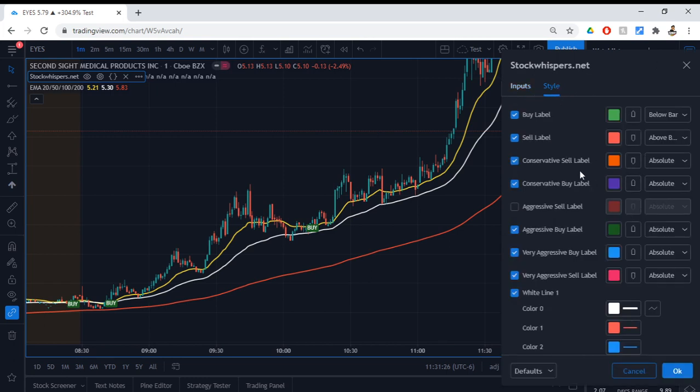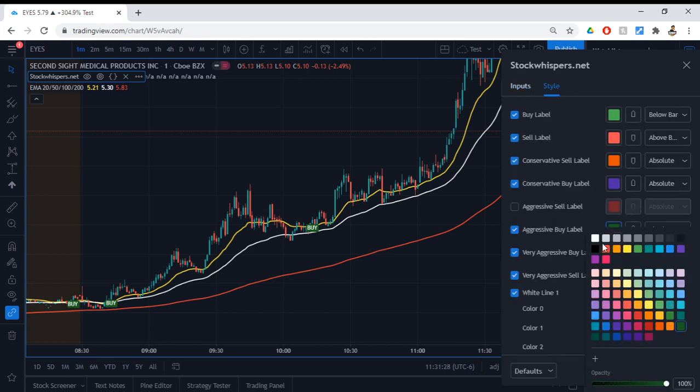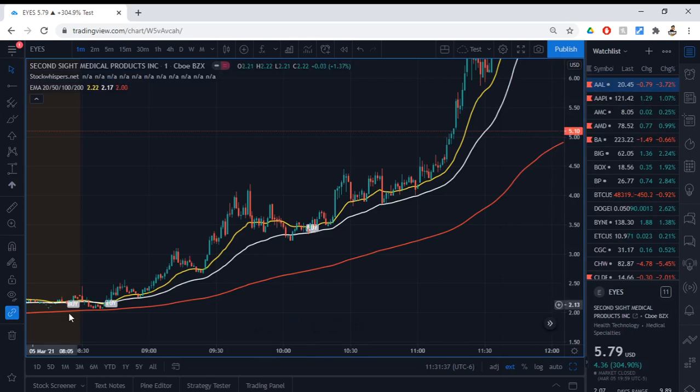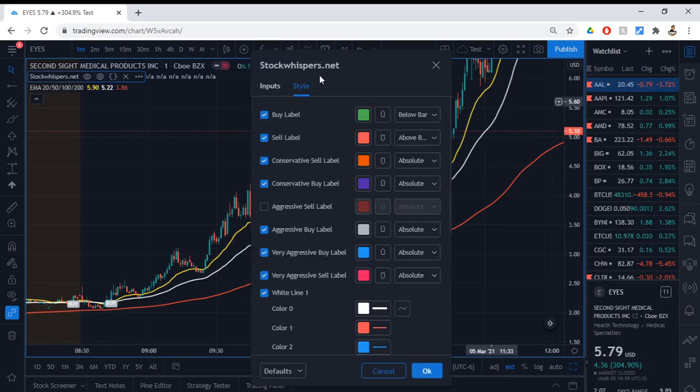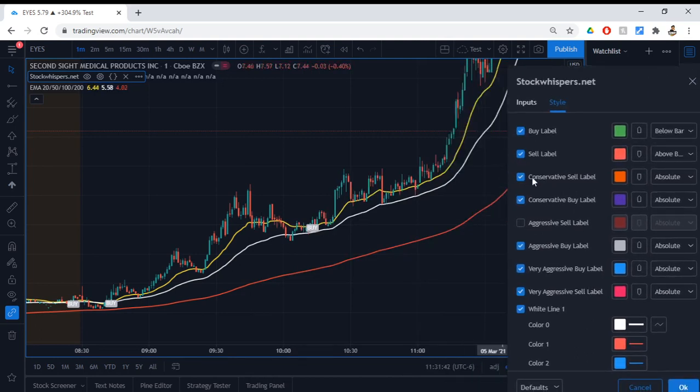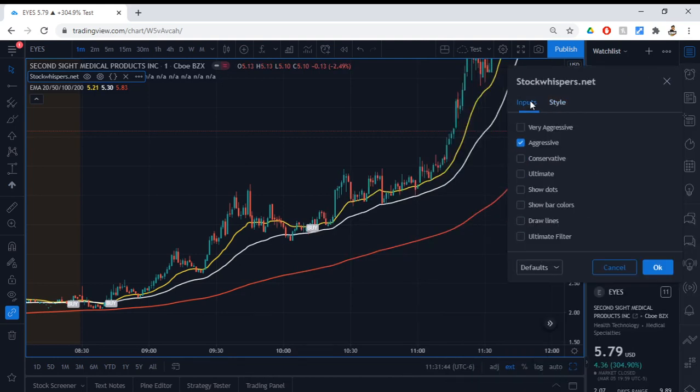So let's just say, aggressive, we want it to be gray, just so we can see them well. Okay. Then we want to add a faster entry strategy to get us in once these two strategies align.